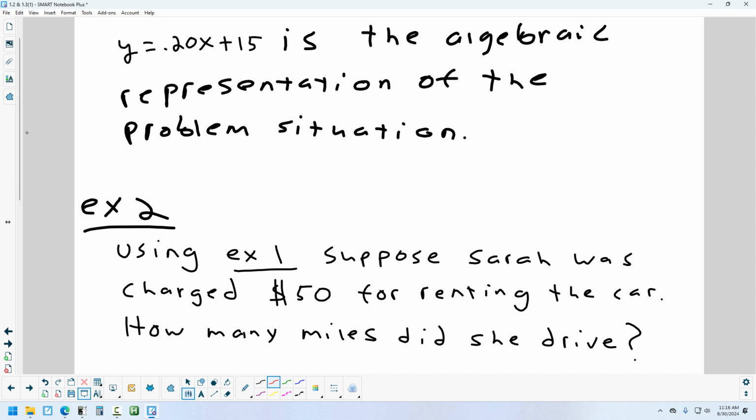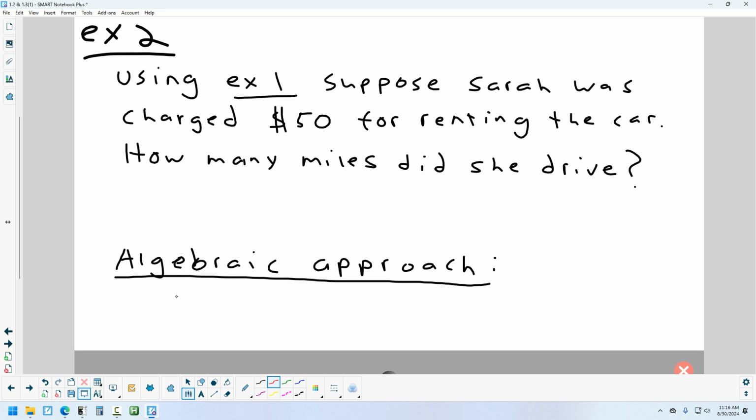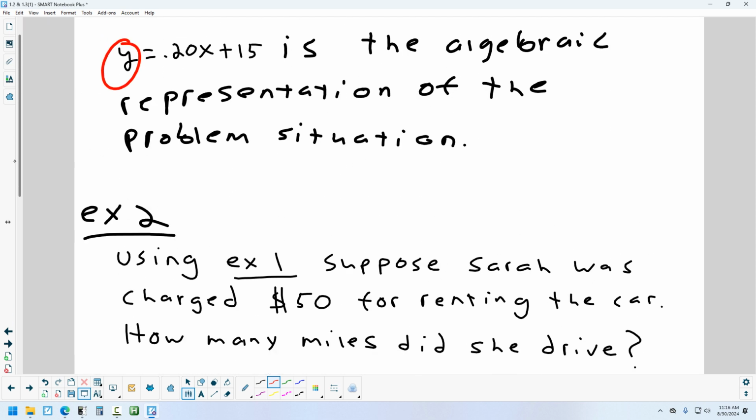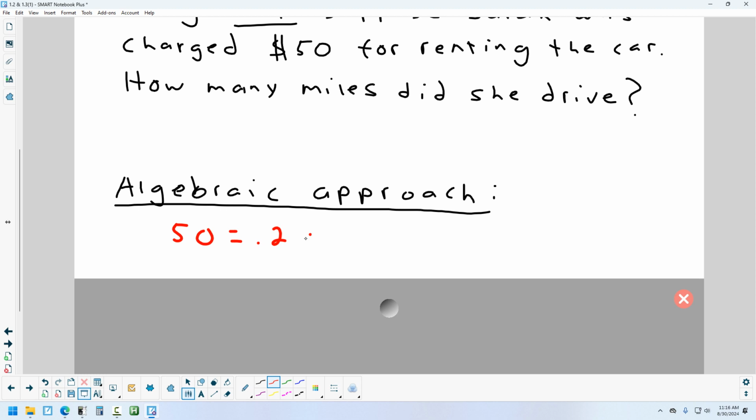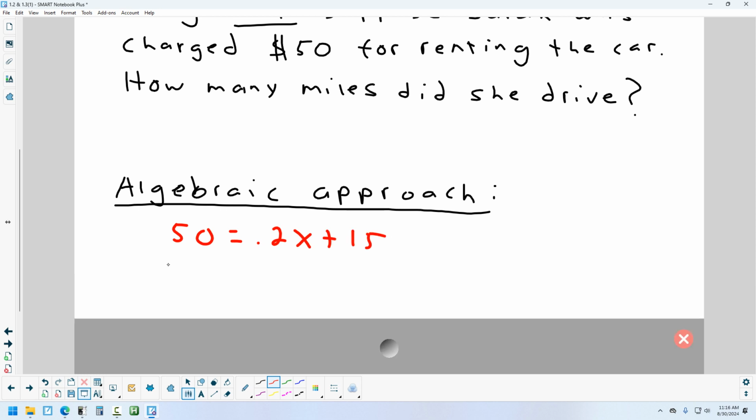So I'm going to fill in 50 where I just circled. Okay, so we've got 50 equals 0.2x plus 15. So we'll bring the 15 over. And remember, 0.2 is 1/5.